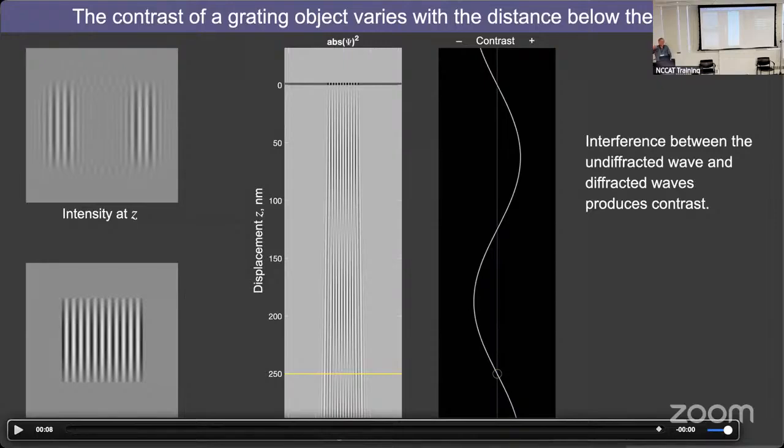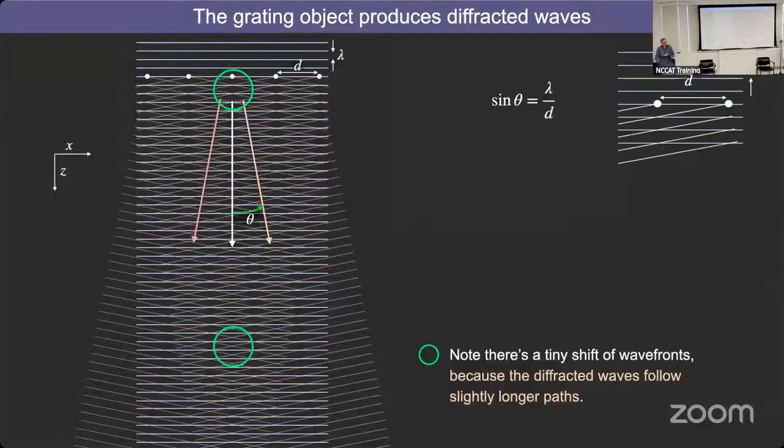The intensity only changes when we get somewhere down here where that imaginary part has now changed to become a real part, and so now it's adding and subtracting from the real part of the incident wave. I'll tell you more about that in a minute.